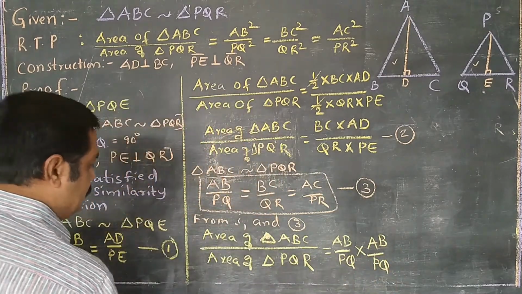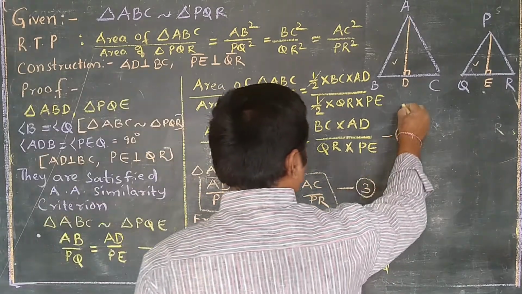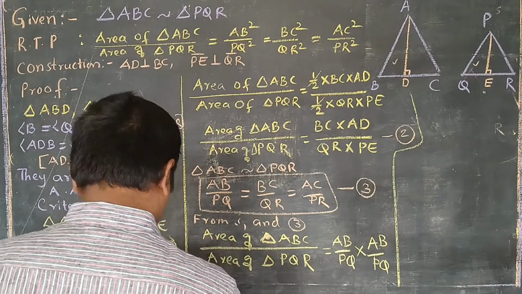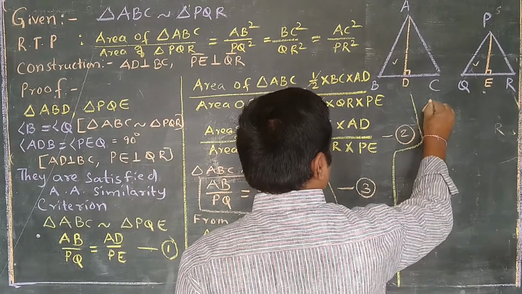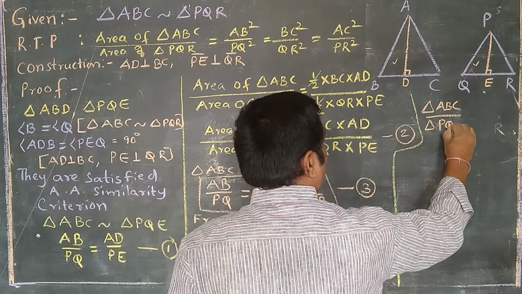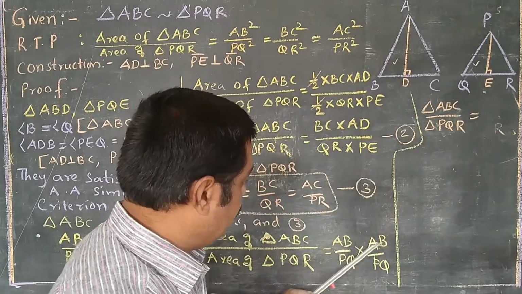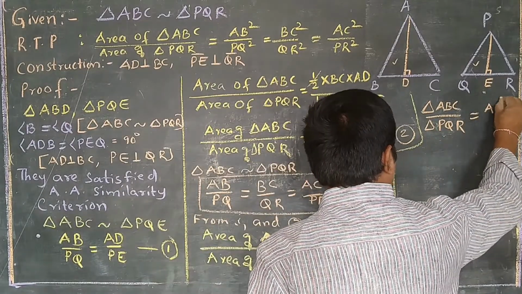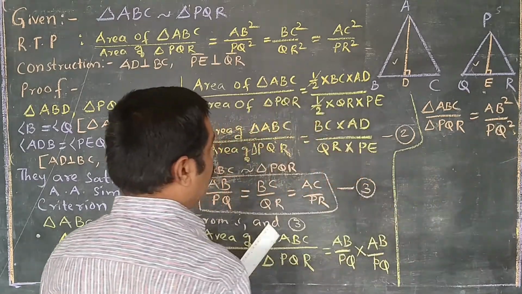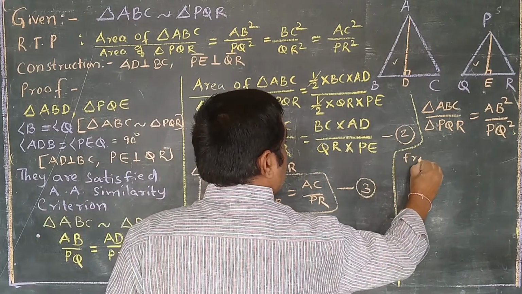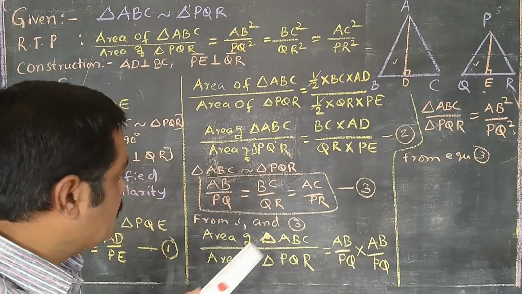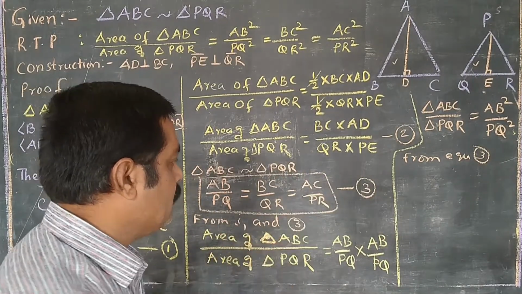So I'm going to write here: triangle ABC by triangle PQR is equal to AB into AB, that is AB square by PQ square. From the third equation, AB by PQ means automatically BC by QR, automatically AC by PR.